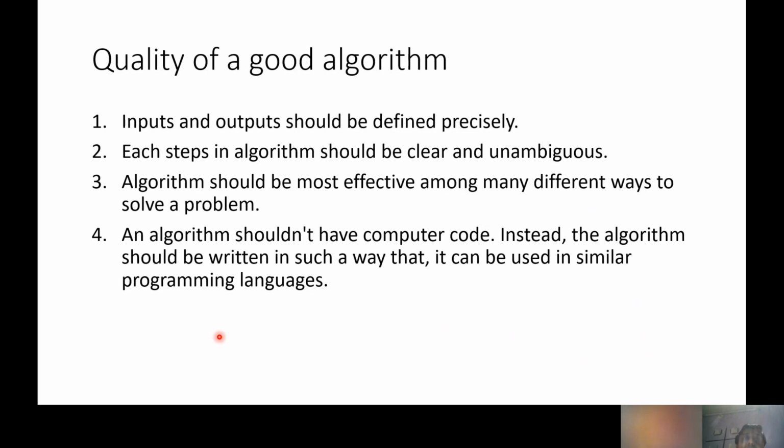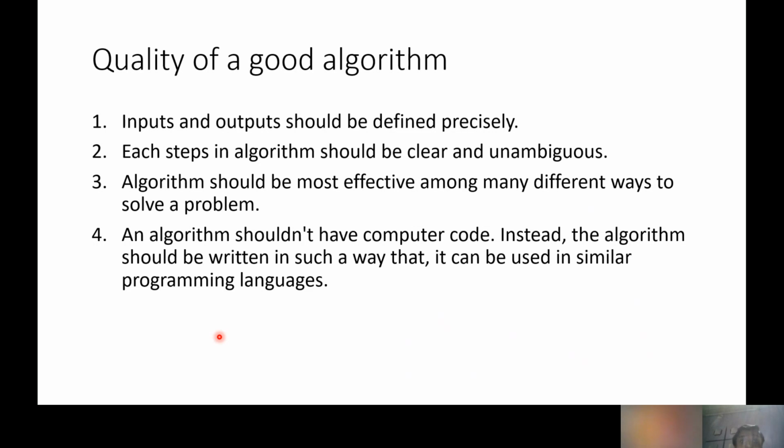I would like to apply the AND operation, meaning both are true. In that case we can go for the next, that is true, right? We'll see in detail, but the important point is input and output should be defined precisely. It must be very much clear.